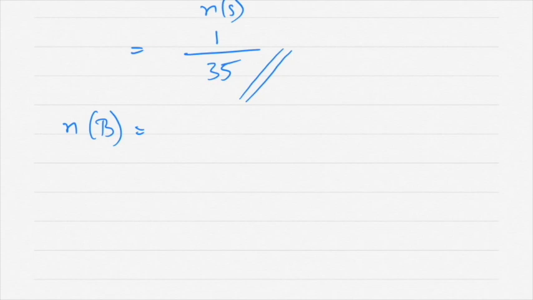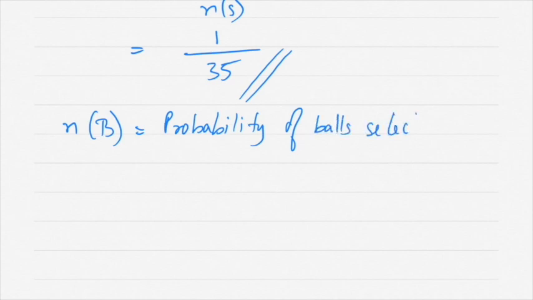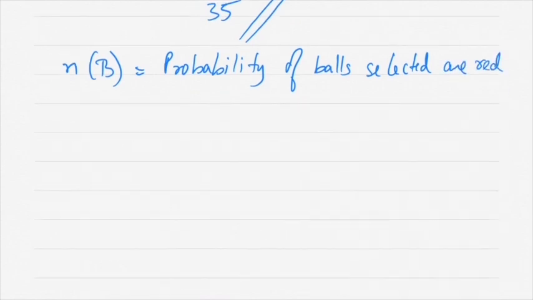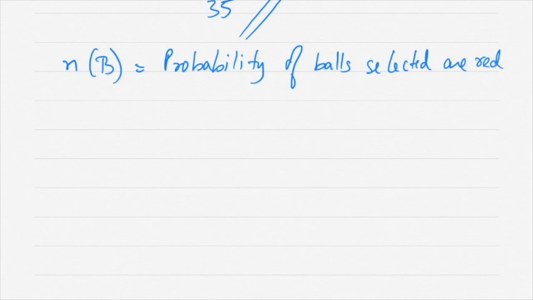My event B is probability that the balls selected are red. Okay. So how many red balls are there? 4 red balls.